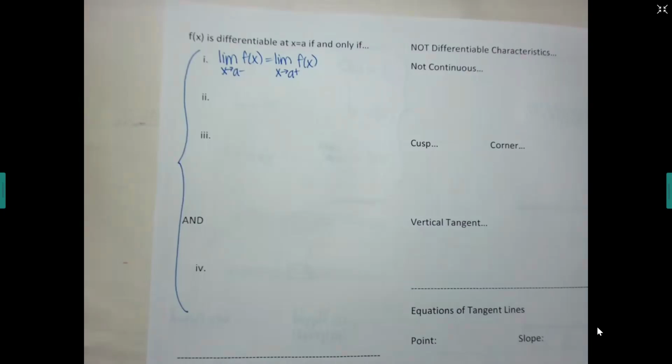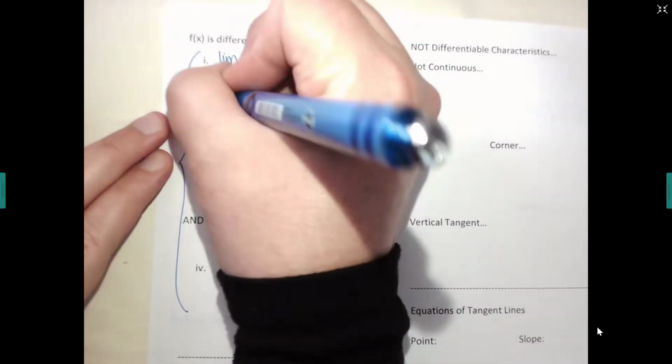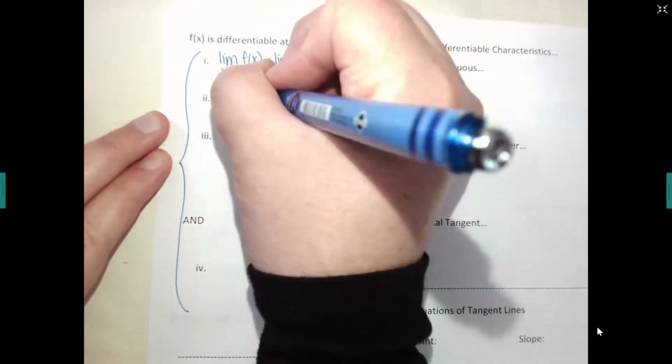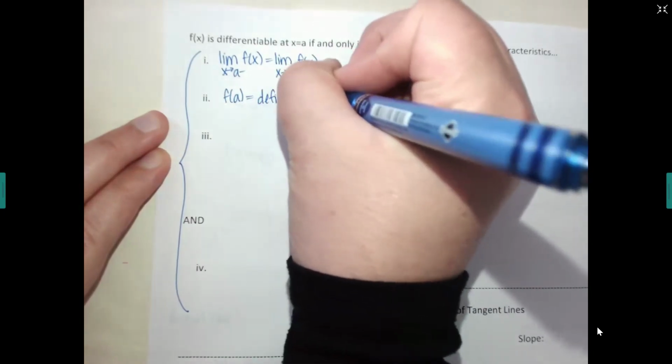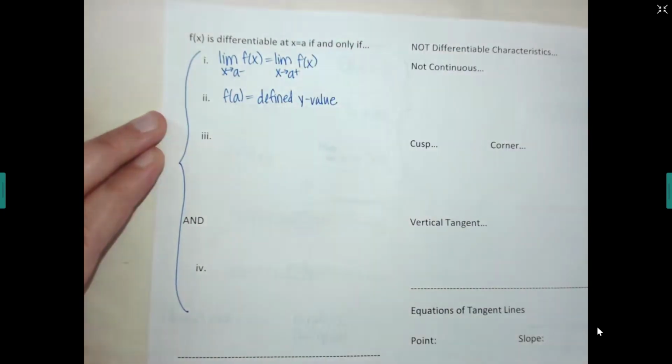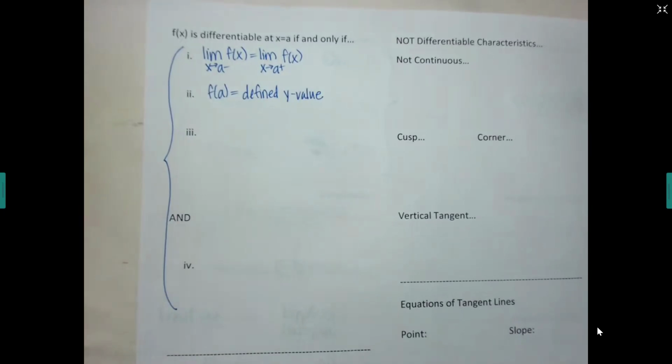After you check your left and right limits, you want to check your y value. Really the rule is just that you have to have one. We'll do examples of this, but you just have to have a spot where you have a y value. And then the third step is those two pieces have to equal each other.